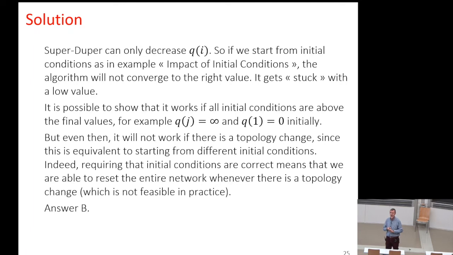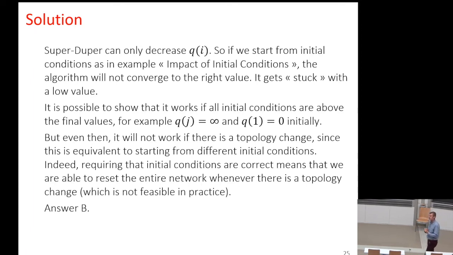So if the initial conditions are strange, or if there is a change in the network, like we have seen before, a link is broken, so the true value has changed, then perhaps the estimate you have now, before the failure, is less than the true value. This algorithm will never be able to get to the true value because it can never increase. So the problem of this algorithm is that it can never increase.